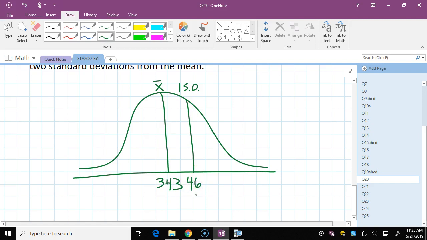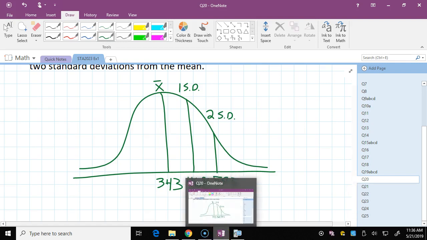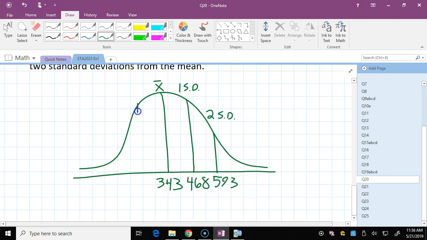How do I get to 2 standard deviations above? Add another 125, and what do we get? Okay. Then go in the reverse direction. How do I get to 1 standard deviation below? So 343 minus 125.